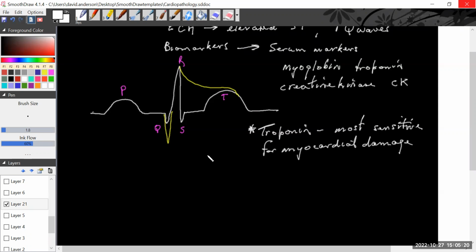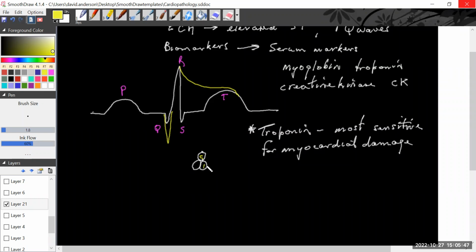Some people might remember that troponin was kind of a three-globular molecule, and one was called troponin C, because it's the one that has a binding site for calcium. There's a troponin I, which is attached to tropomyosin and inhibits contraction.